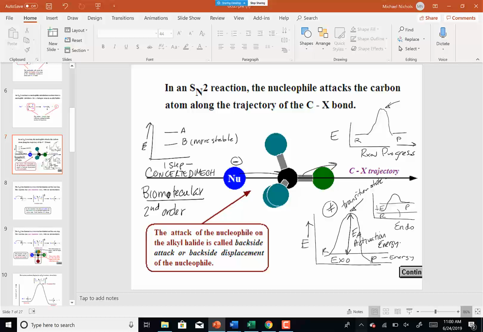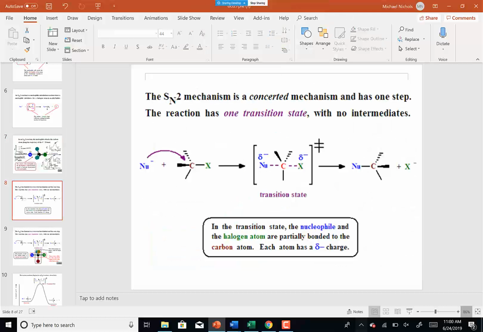The only question is, what does the transition state look like? If it's one step, I've got to form and break the bonds at the same time. So what is the species at the top of that peak? What does the transition state look like? And so we can imagine the transition state looking like this.